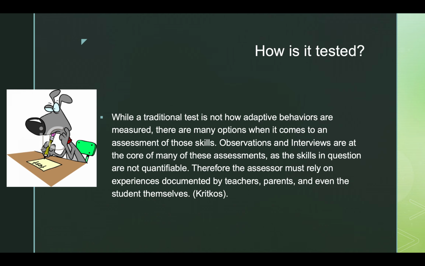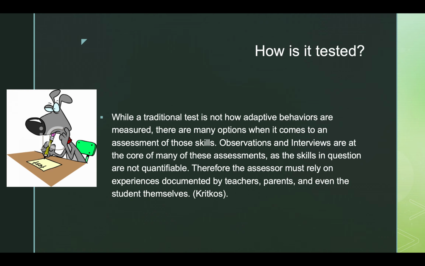You can't place a number or a rating on how well a student completes the task of brushing their teeth. The skills in question are kind of all or nothing. Can they brush their teeth? So, therefore, the assessor must rely on experiences documented by teachers, parents, and even the student themselves.